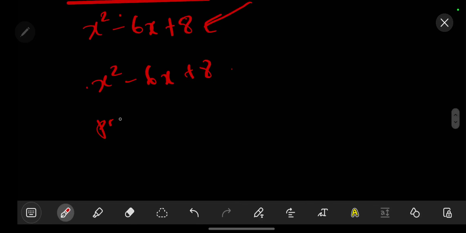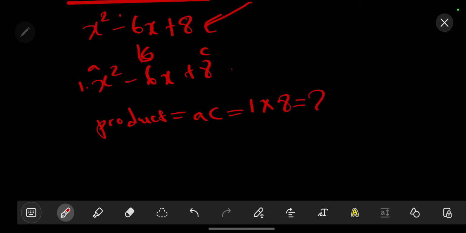So using the same approach, we have our product, which is equal to our AC, which is equal to our a is 1 times our c is 8, which is going to give us 8. Then we are going to have our sum, which is the coefficient of b, so b in this case is equal to negative 6, like that.